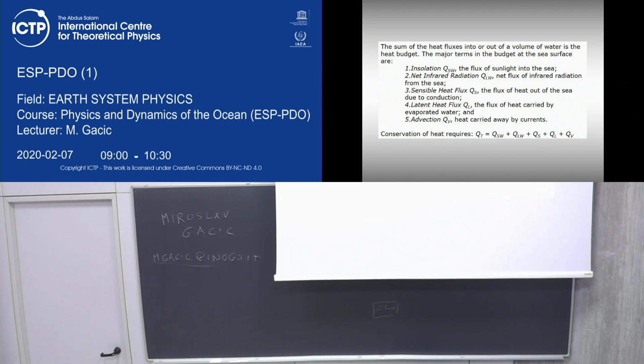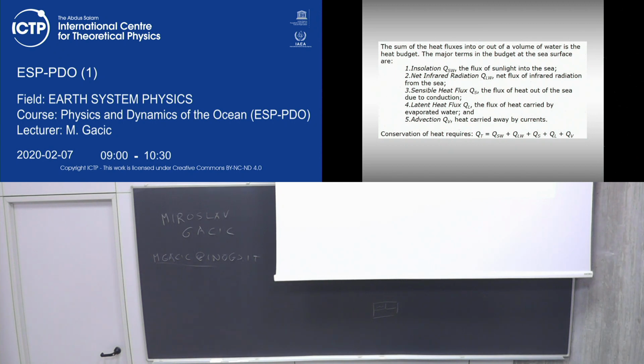It changes the heat content in different parts of the ocean because it brings the heat from here to there. But the other 4 components, insolation, net infrared, sensible, and latent, are changing the heat content in the entire ocean.